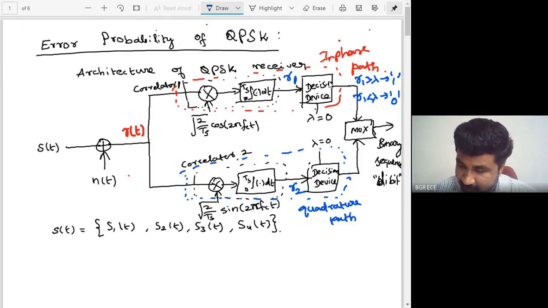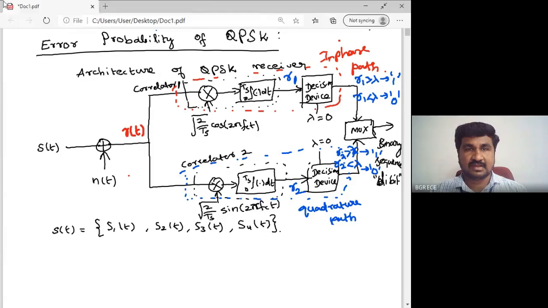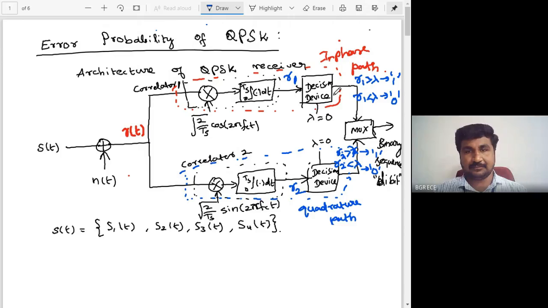Similarly, if R2 is greater than lambda, the decision will be in favor of 1. If R2 is less than lambda, then the decision taken is 0. This is what we generally have.